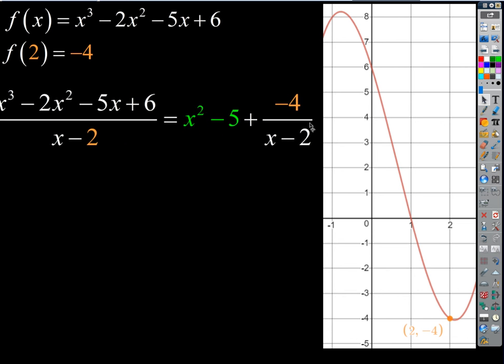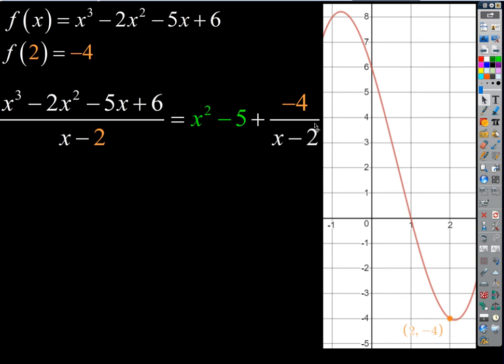We know that the value of the function at 2 is negative 4 when we divide it all out.